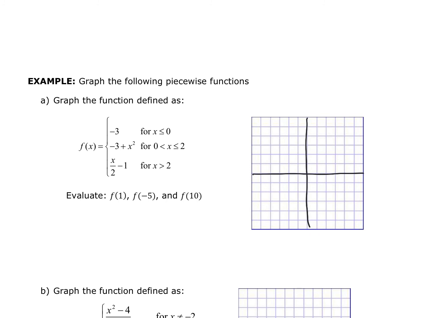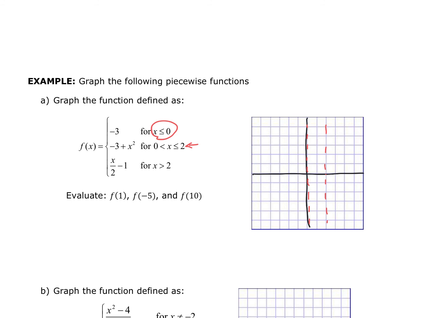And I'm going to put in 0. So I know something's happening at 0. So here's when x is equal to 0. And then something else happens at 2. So I'm going to go over here to 2. And this allows me to remind myself, I know I'm going to have to change at that dashed line. Something's changing in terms of my outputs.